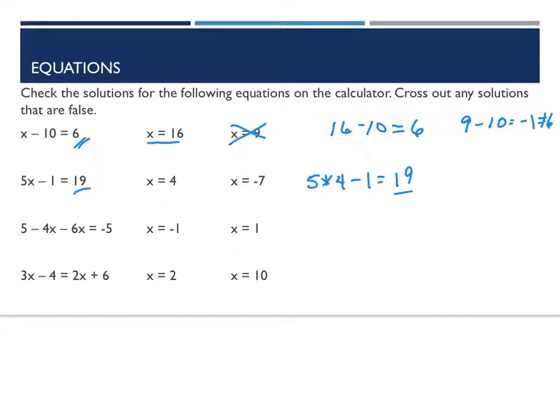So if I want to type in 5 times -7, I type in 5 times, don't use the minus, use the little negative on the bottom, and then minus 1. 5 times -7 minus 1, when I hit enter, should give me an answer of -36, which does not match the 19 we were supposed to get for an answer. So -7 is not a solution.